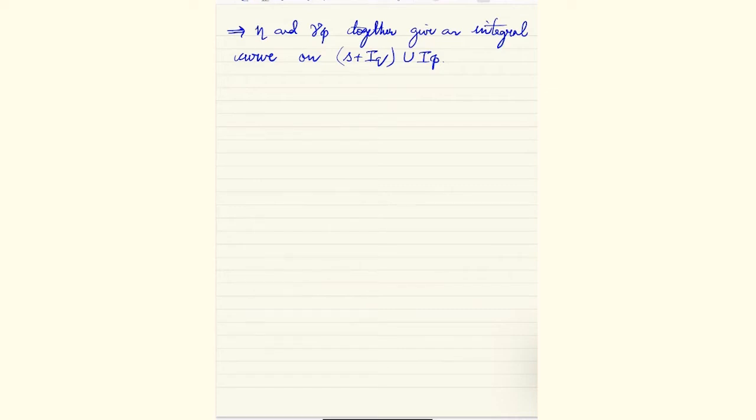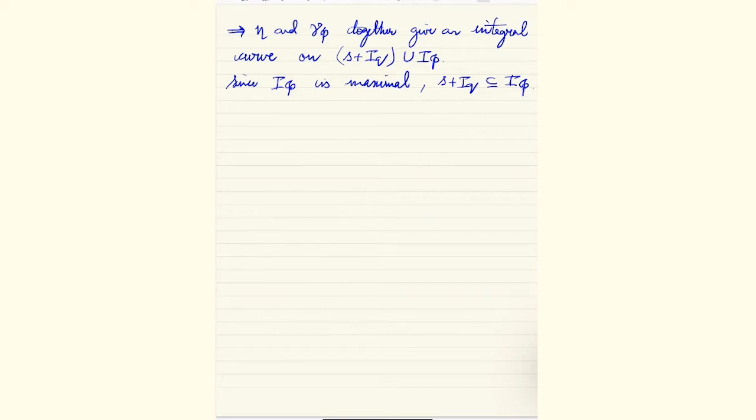Now, of course, you use maximality. So far, we haven't used that gamma P is the maximal integral curve. Since IP is maximal, this forces S plus IQ to be contained in IP. We want to say that S plus IQ is equal to IP, but so far we've got one containment.